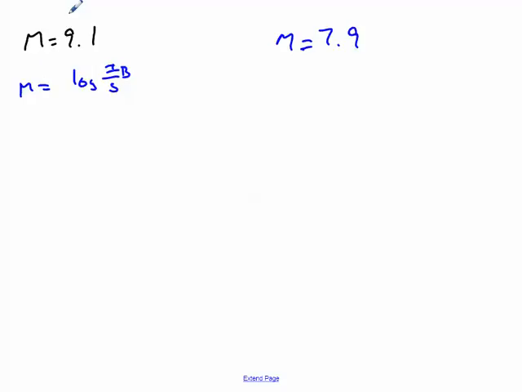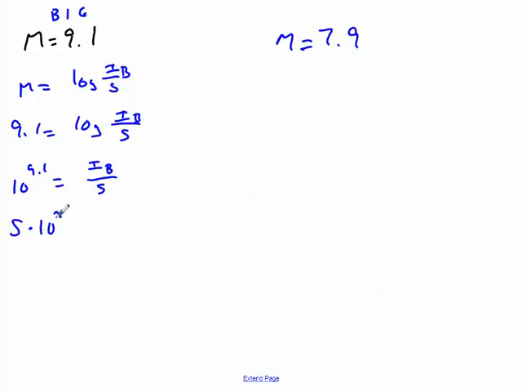This 9.1 is the big one. 9.1 equals log base 10 of the big intensity over S. We rewrite this log in terms of S: 10 to the 9.1 equals the big intensity over S. Then multiply each side by S to get rid of the S over here. S times 10 to the 9.1 equals the big intensity.